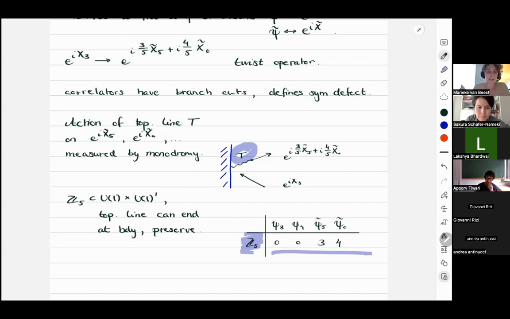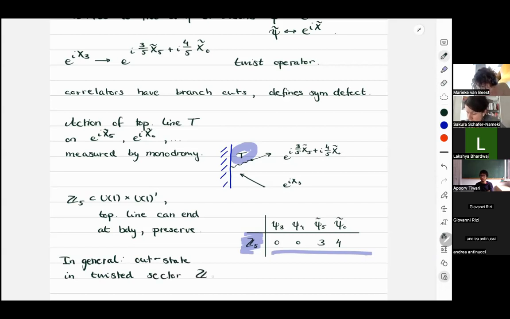So in general, what we find in this 3450 model is I throw in psi3 or psi4 or some linear combination. And in general, I will get an out state which lives in the twisted sector, in the twisted sector of a Z5.